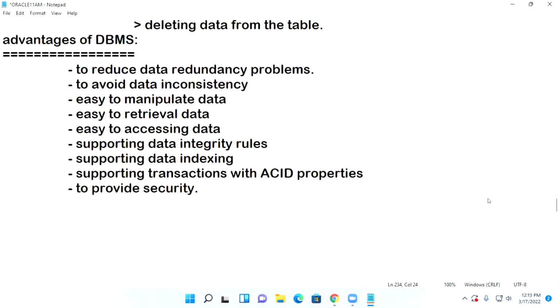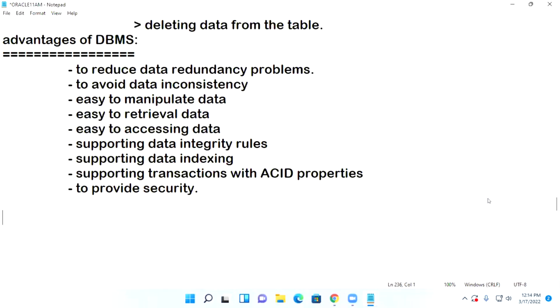So data redundancy, inconsistency, retrieval, integrity, security, indexing, manipulation, accessing, and transaction management, all this we can do with the help of DBMS. But these are the things which were not supported in our flat files.